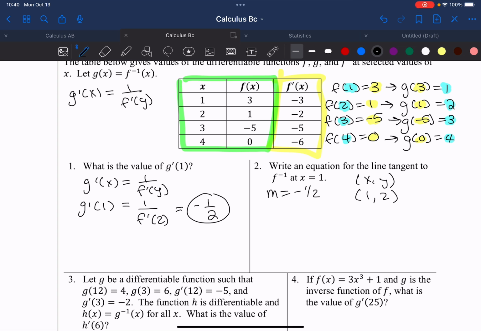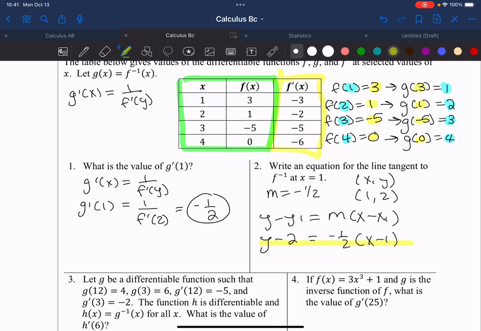Again, that is looking right here, because we're trying to find the inverse of f, which is equivalent to looking at g. So then we use y minus y1 equals m times x minus x1, and we get y minus 2 is equal to negative 1/2 times x minus 1, and that would be our answer.